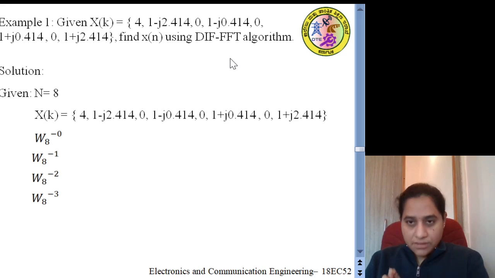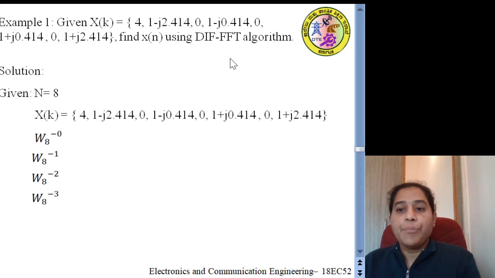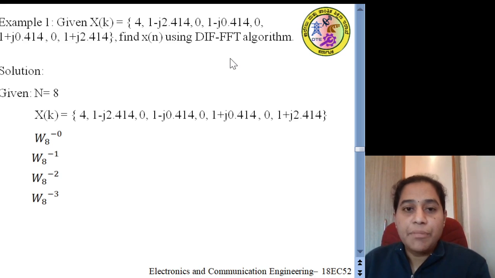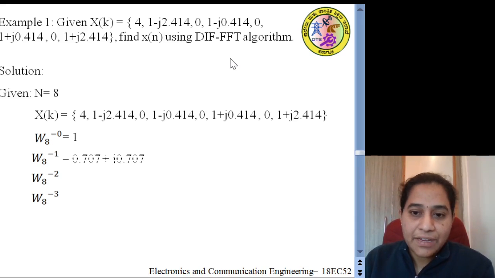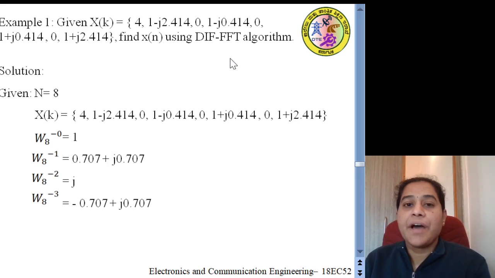And the twiddle factors and their powers required for this computation of IDFT are W8 power minus 0, which is equal to 1, W8 power minus 1, which is equal to 0.707 plus j 0.707, W8 power minus 2 is j, W8 power minus 3 is minus 0.707 plus j 0.707.